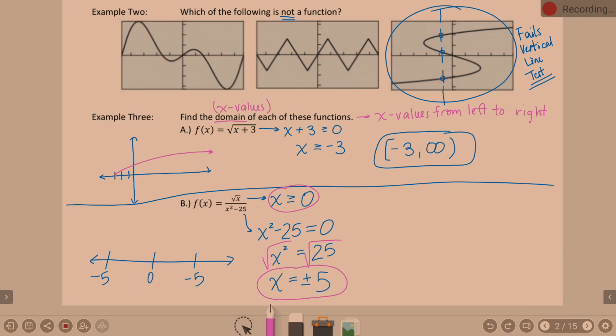Like those values don't exist. X has to be greater than or equal to 0, which means it's going to go 0 to the right. What's the catch here, though? 0 to the right, and then it's going to stop, but then it's going to restart on the other side of 5. So it's everything 0 and above except 5.